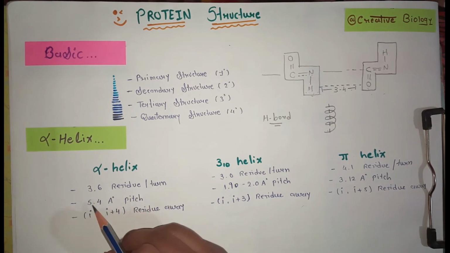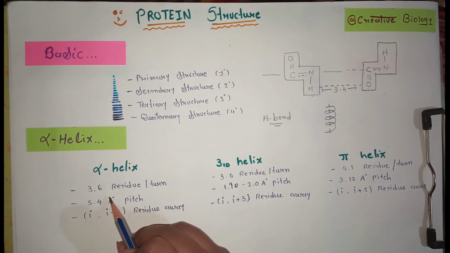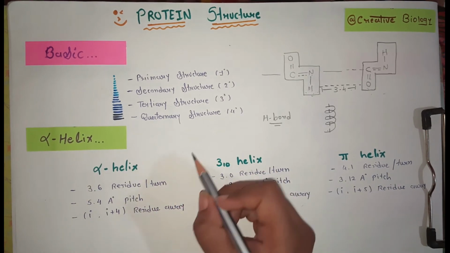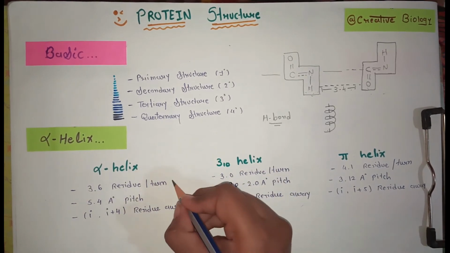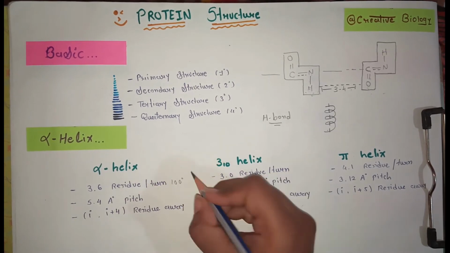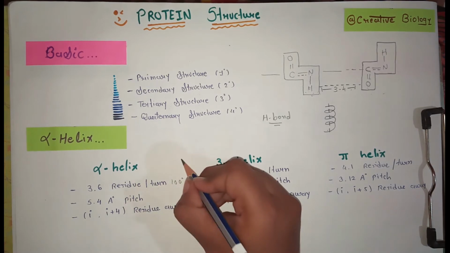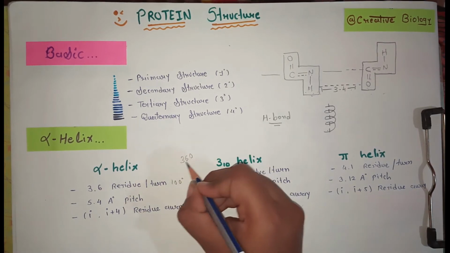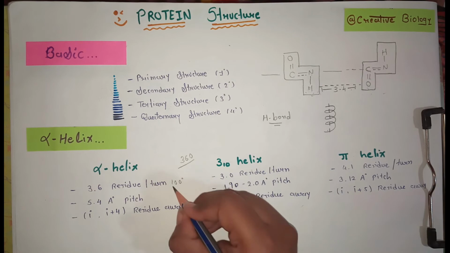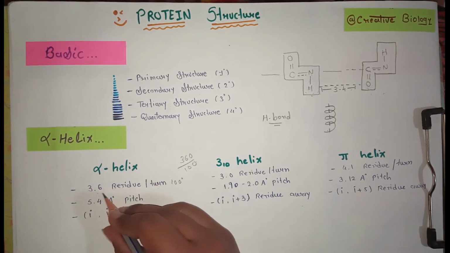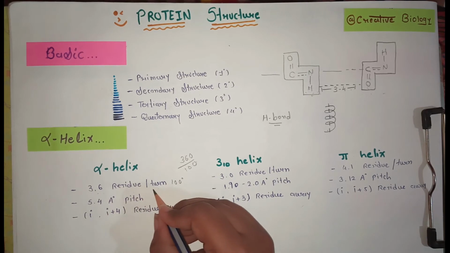It is calculated simply because each residue creates an angle of 100 degrees, and the total angle of rotation is 360, right? So you simply divide 360 by 100, and you get 3.6 residues per turn.